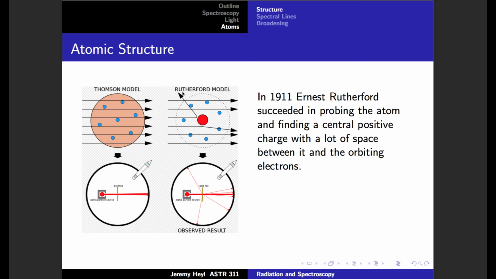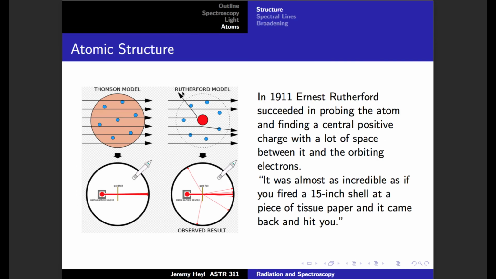So what he concluded was that in an atom, all of the positive charge and all of the mass, in fact, was concentrated in a very small region whose radius was maybe 1/1000th of the radius of the atom. And the rest of the atom was where the electrons lived, and it was essentially devoid.